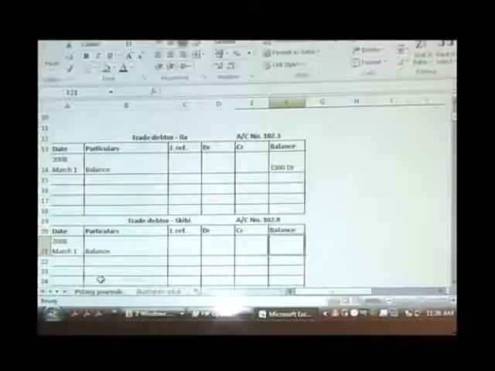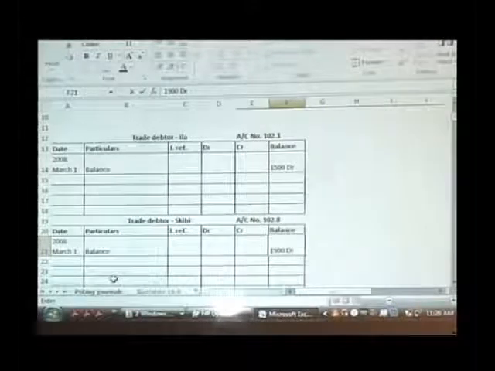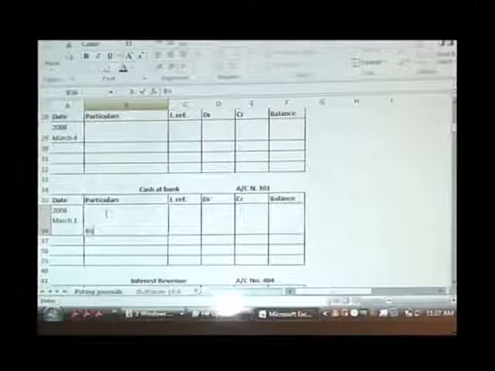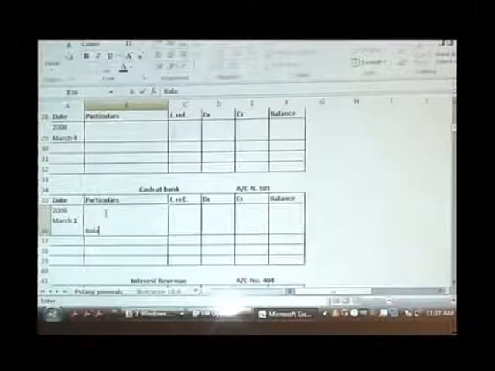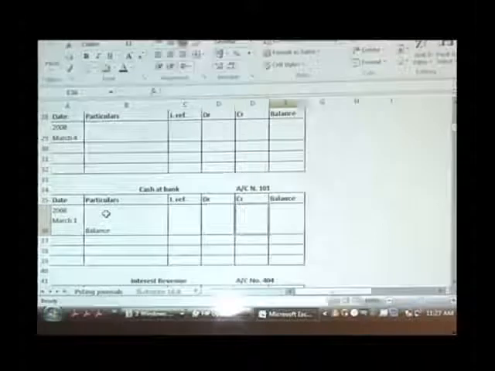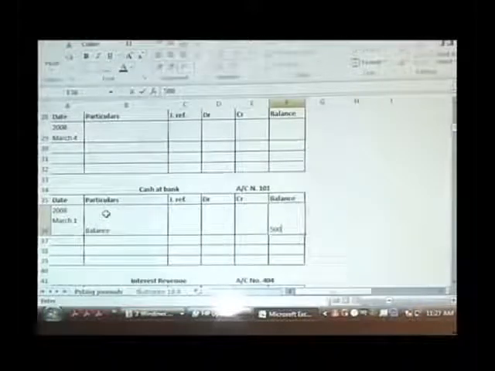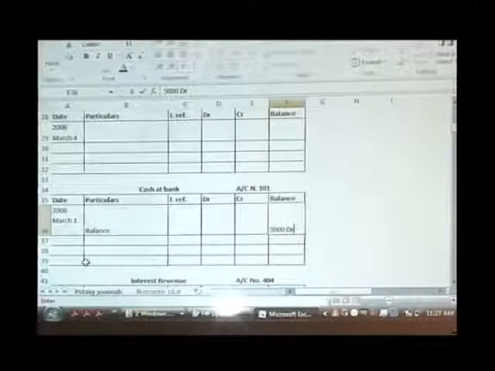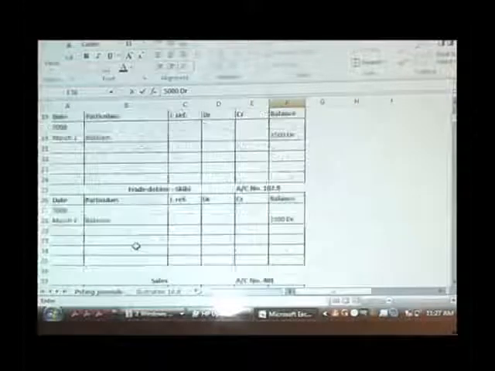The balance is 1,900 debit, and then cash at bank account, yes, there is a balance. The balance is 5,000 kina debit balance. So enter that amount in the balance column, and there are no other balances in other accounts. So now we can start posting.